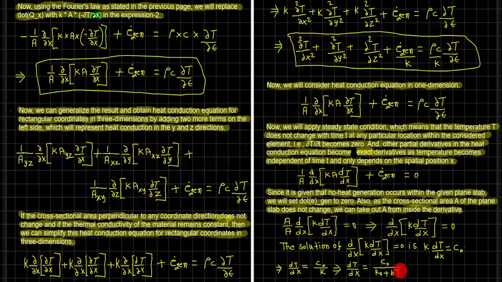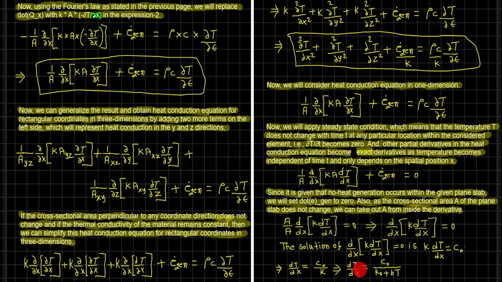And we know that both k naught and b are positive constants, so this denominator increases with x, and this whole term will decrease as x increases.